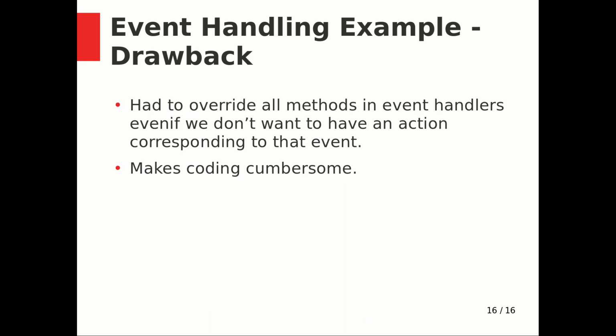So this is the drawback of the event handling mechanism that we have just seen. That is, we had to override all the methods in event handlers even if we don't want an action corresponding to that event, and this makes coding very cumbersome. And how Java provides a mechanism to overcome this drawback, that we will see in coming classes.